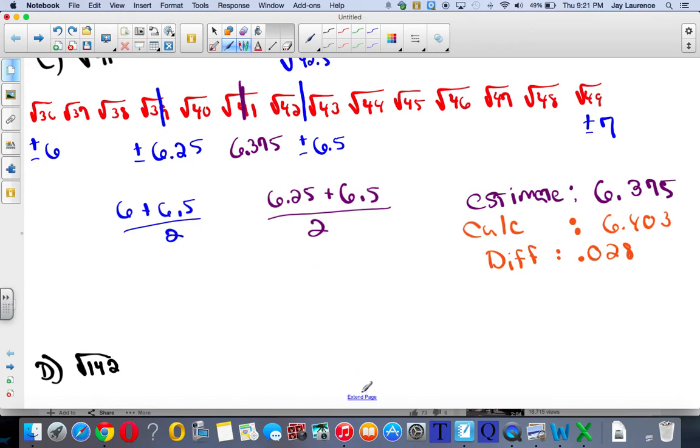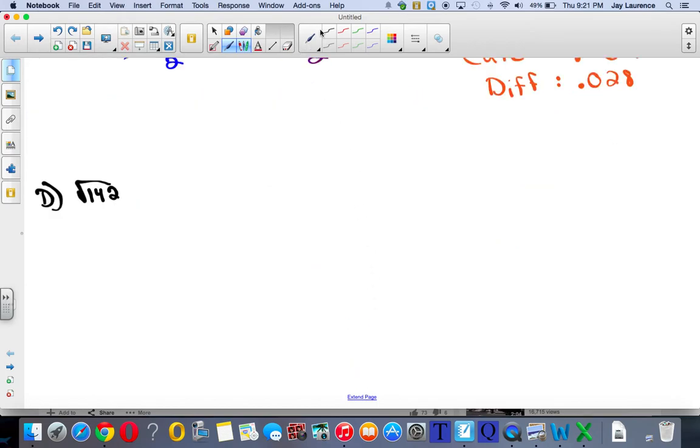All right, let's try one more. Now, this is rad 142. Now, this one, I'm not going to write them all out. I know it's between 121 and 144, but that's a lot of numbers to write out. That's 24 numbers. I know that the rad of 144 is plus or minus 12.